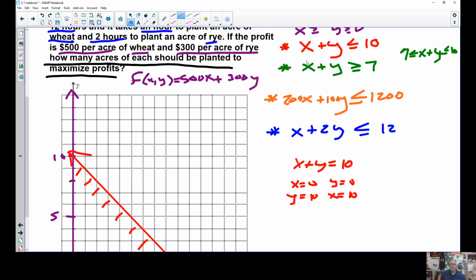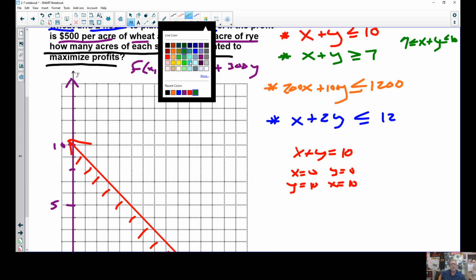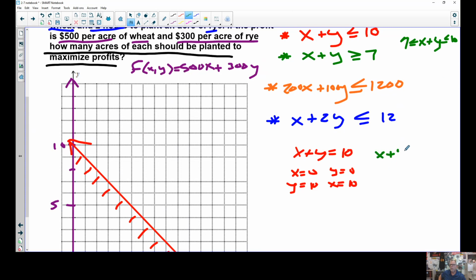We got to do x plus y equals 7. So let me get green going. And x plus y equals 7 is going to again be at x equals 0, y equals 7. And y equals 0, x equals 7. Right? These are supposed to be y's.